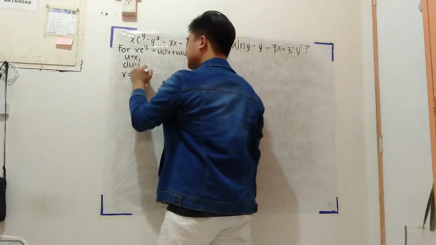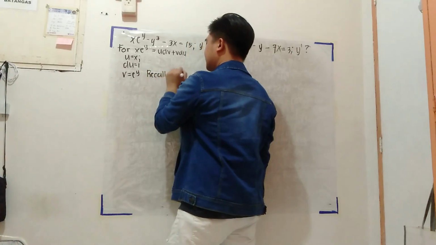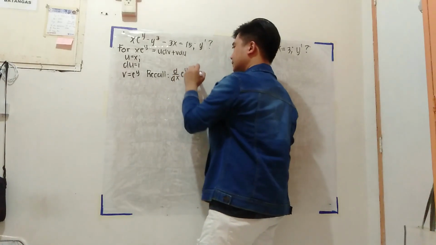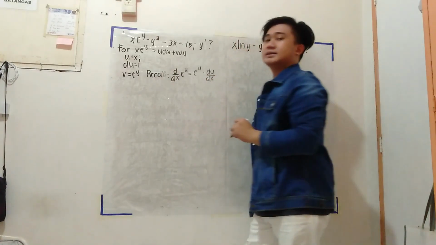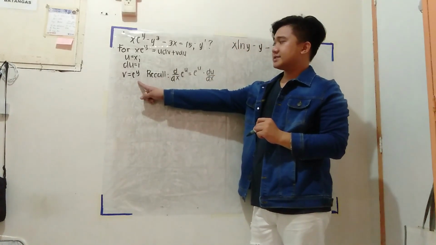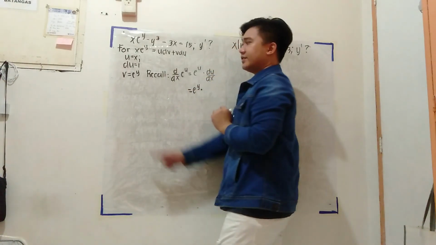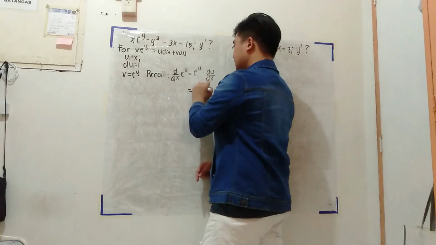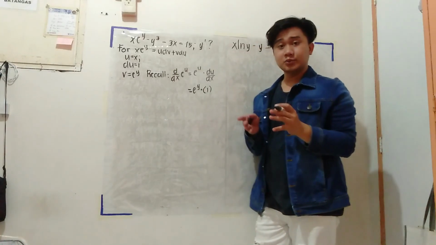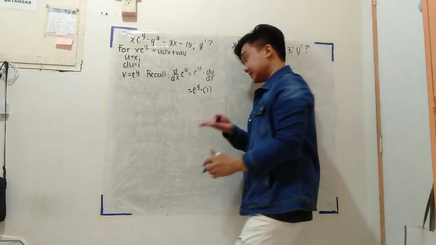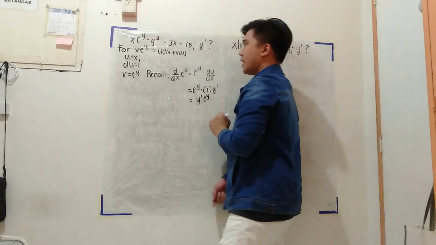Recall, guys, if I am differentiating e raised to u, that is equal to e raised to u times du dx. So, in our case, that is e raised to y times the derivative of y. Differentiating the y, don't forget to attach y prime. So, y prime e raised to y.